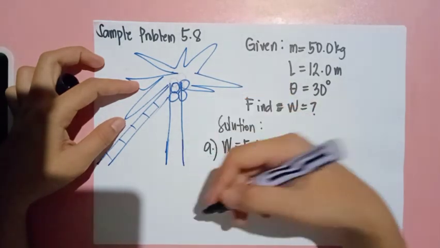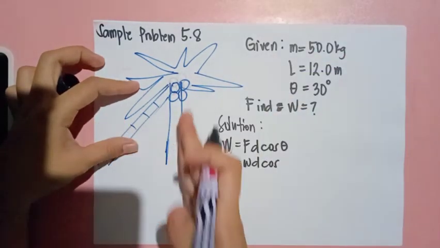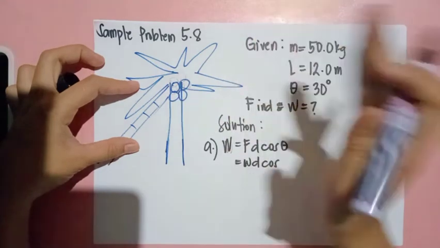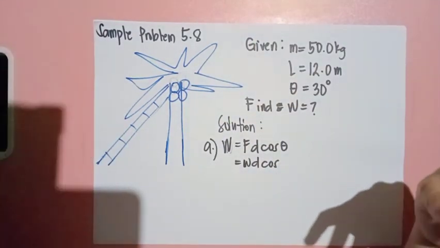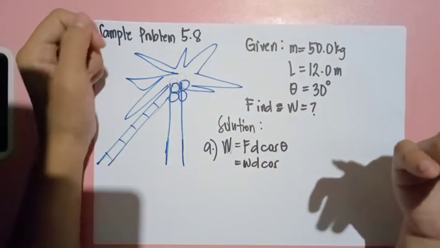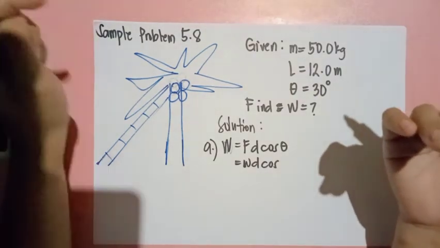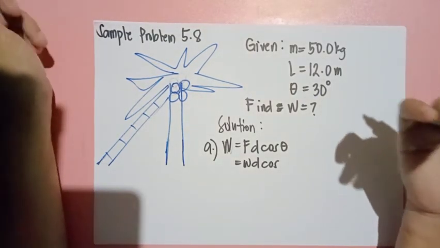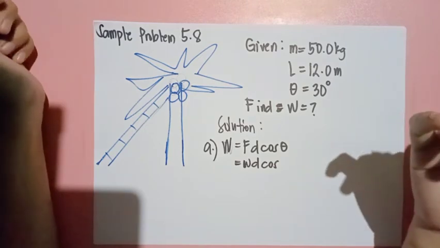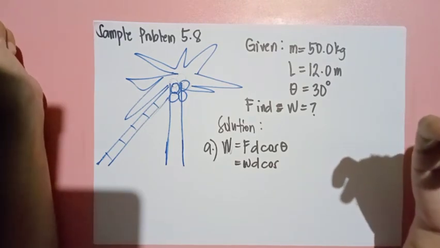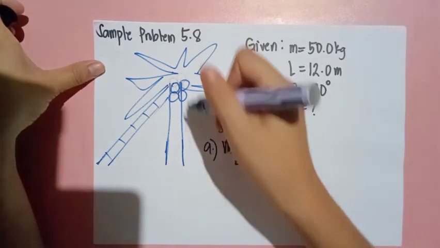The weight of the boy, if he climbs this tree, or even if he doesn't climb the tree, his weight is still the same. So his weight is directed downward.